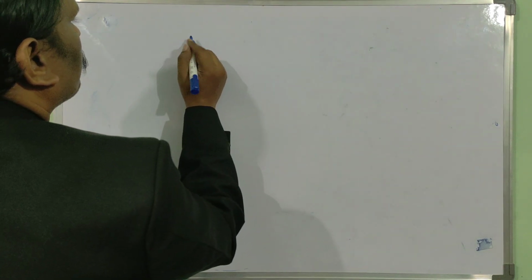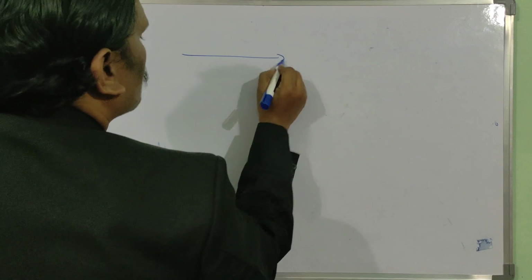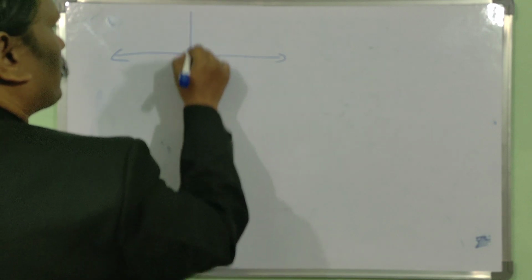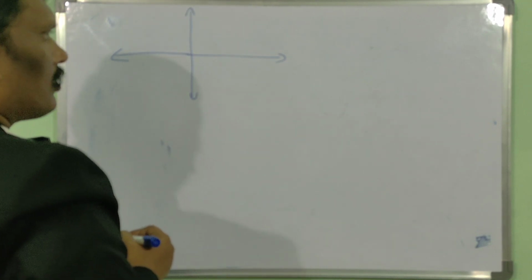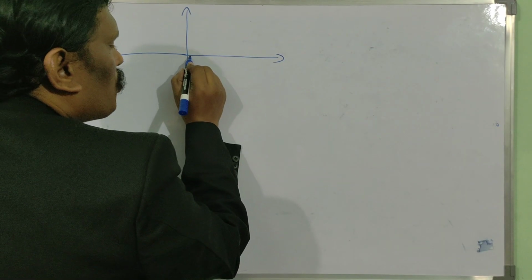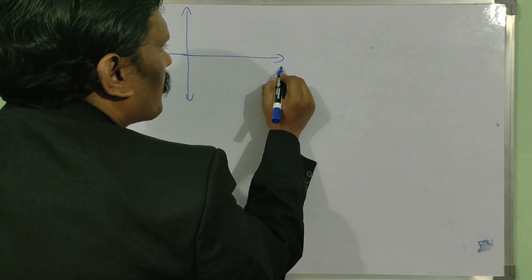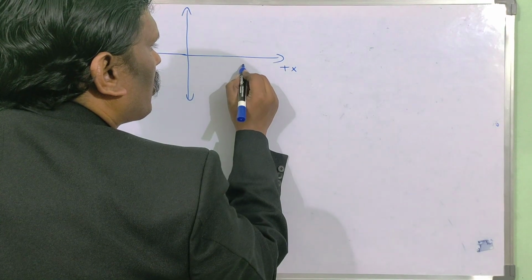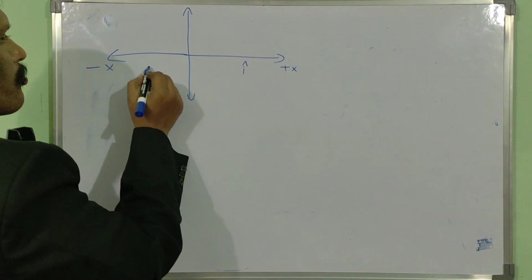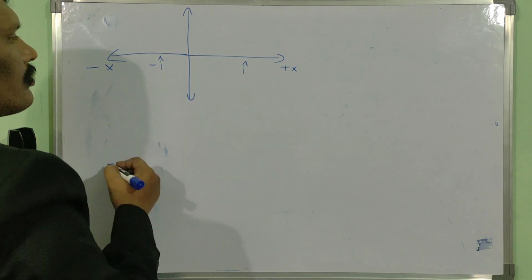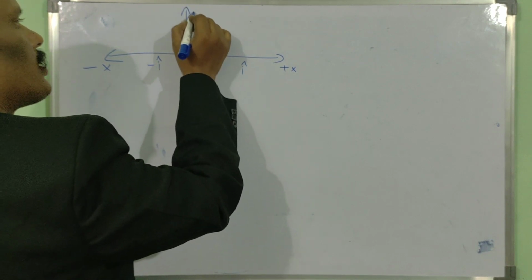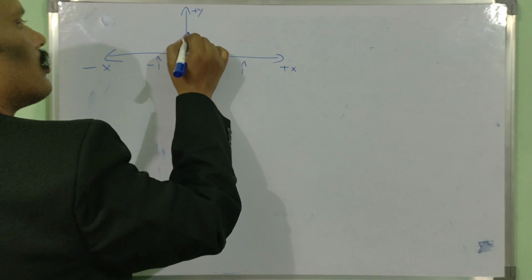Suppose I am going to consider the Cartesian coordinates, x-axis and y-axis. The unit vector along the positive x-axis, we represent with i cap. The unit vector along the negative x-axis, we represent with minus i cap. The unit vector along the positive y-axis is represented with plus j cap.